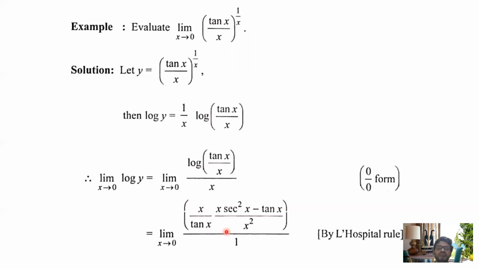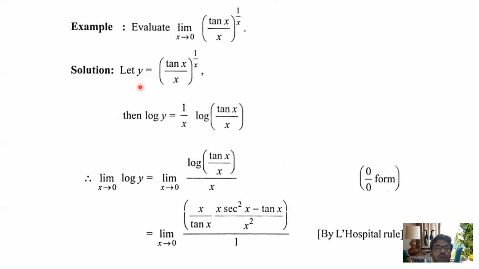Clear? In the same way, this is another example; these are all very important examples for you. Evaluate limit x tends to 0 of (tan x by x) to the power 1 by x. Same thing: it is of the form 1 to the power infinity. So what do you do?